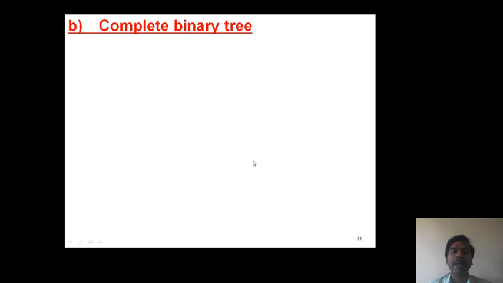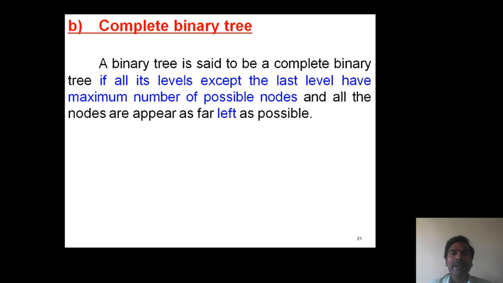Next one, complete binary tree. A binary tree is said to be a complete binary tree if it consists of the maximum possible nodes in all levels except the last level, and the nodes appear as far left as possible.